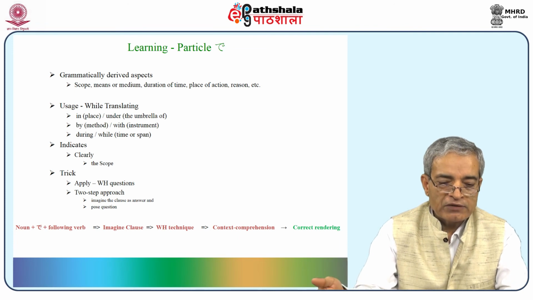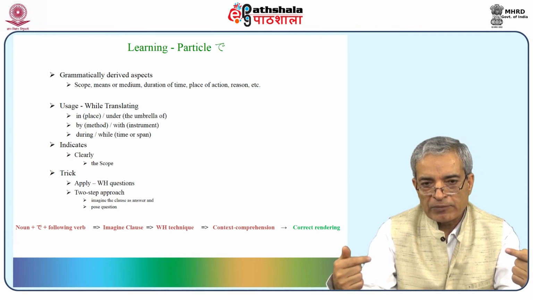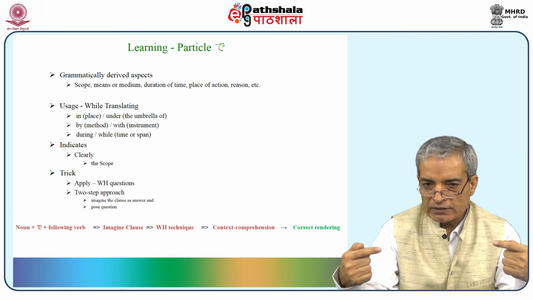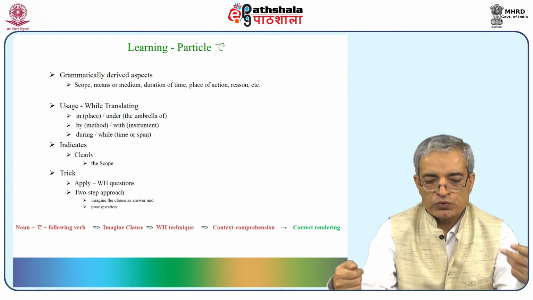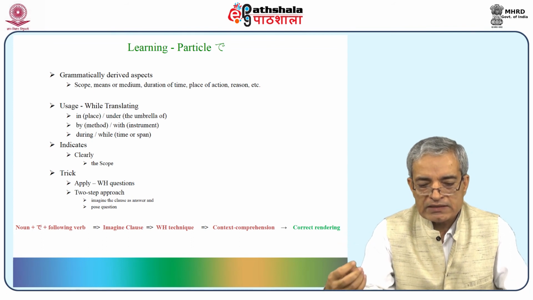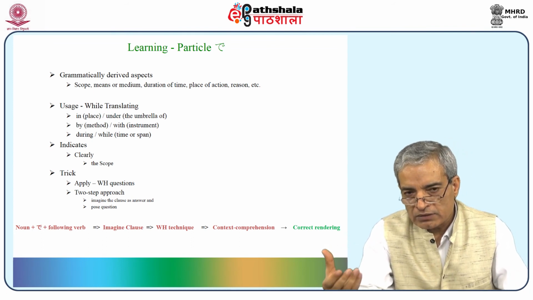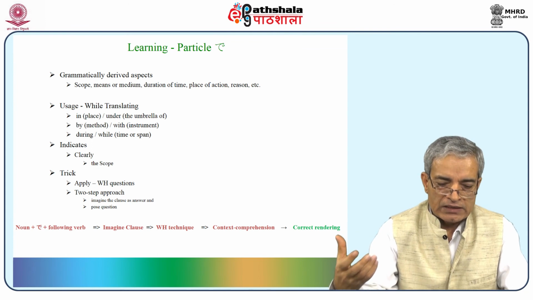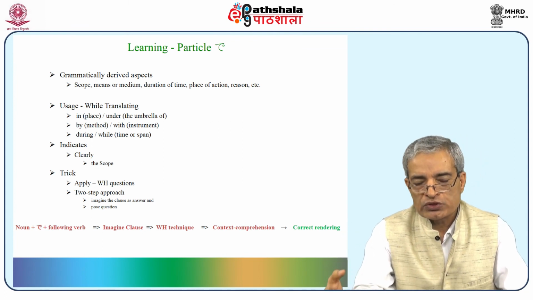Now the trick we have used here to understand is applied WH question. And this WH question application is a two-step approach. First, try to imagine in your mind the clause as an answer, the part or the component which is an answer, and then try to pose a question for that answer, and you will get the equivalent for the particle.